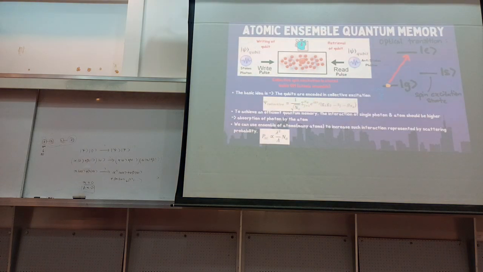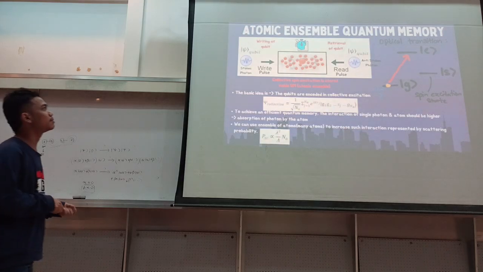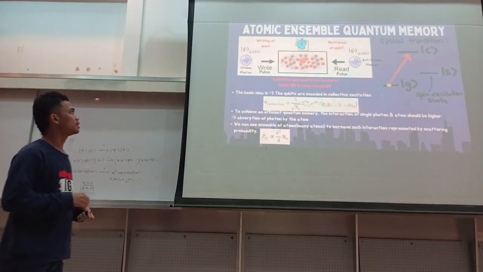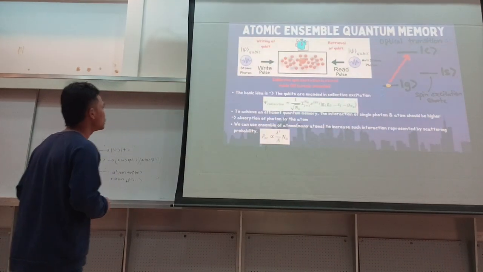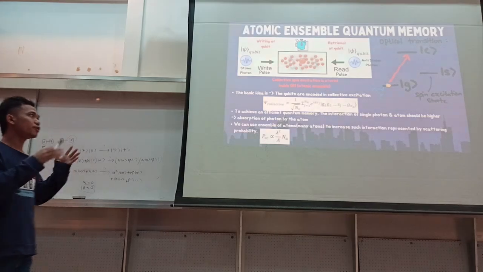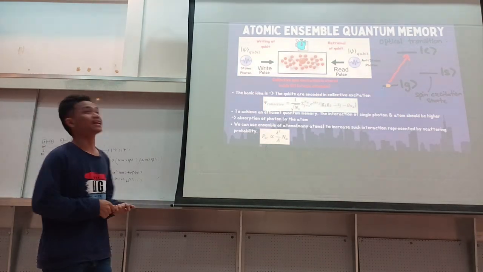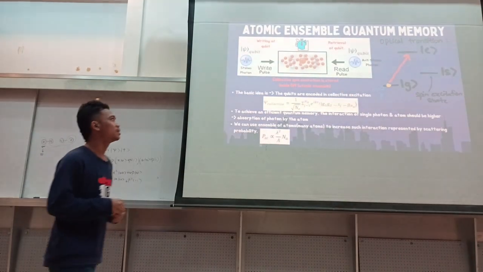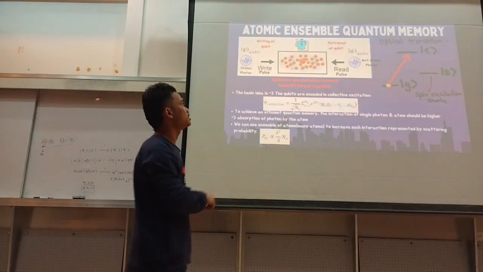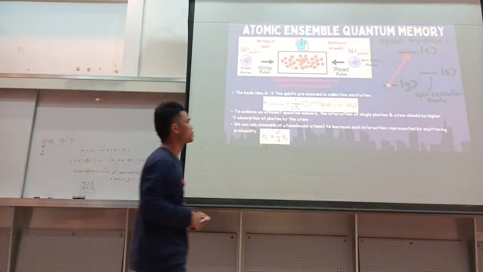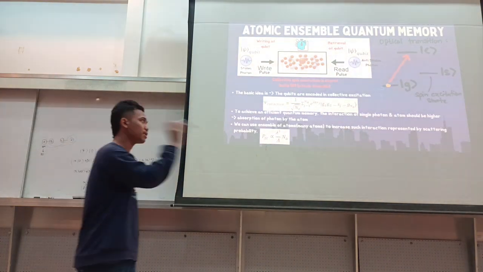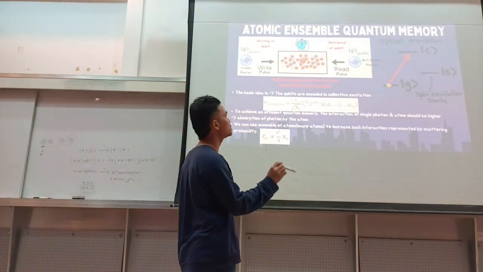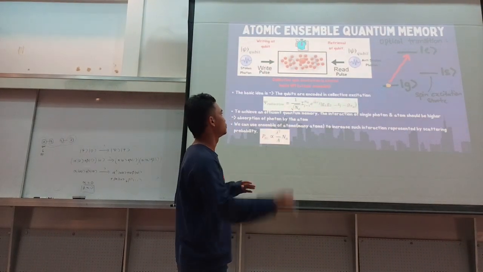Okay, atomic ensemble. My focus is using atomic ensemble quantum memory, one of which is the DLCZ protocol. The basic idea is that what we are going to store is the collective excitation. You can see the optical transition there. You start with the atoms, all in the ground state. You apply a weak laser pulse, and then you transition.